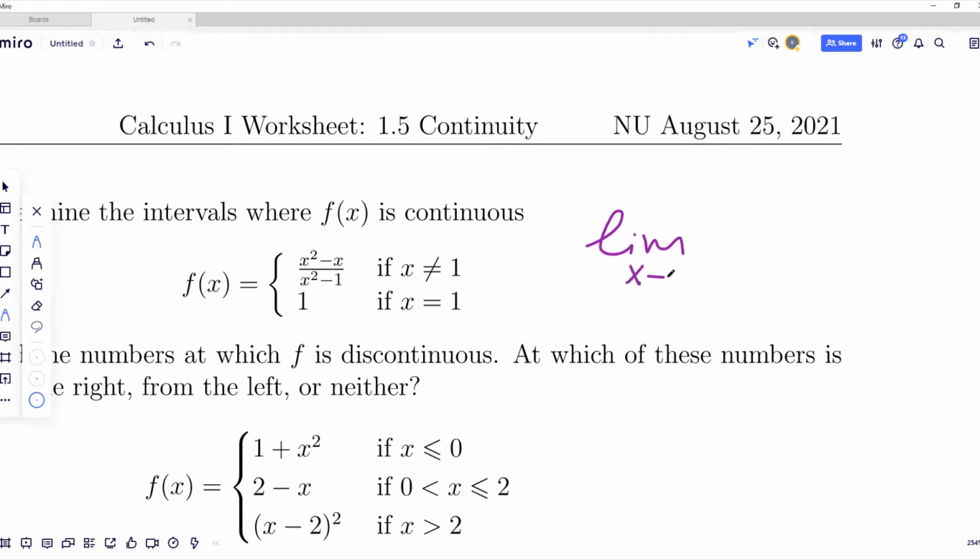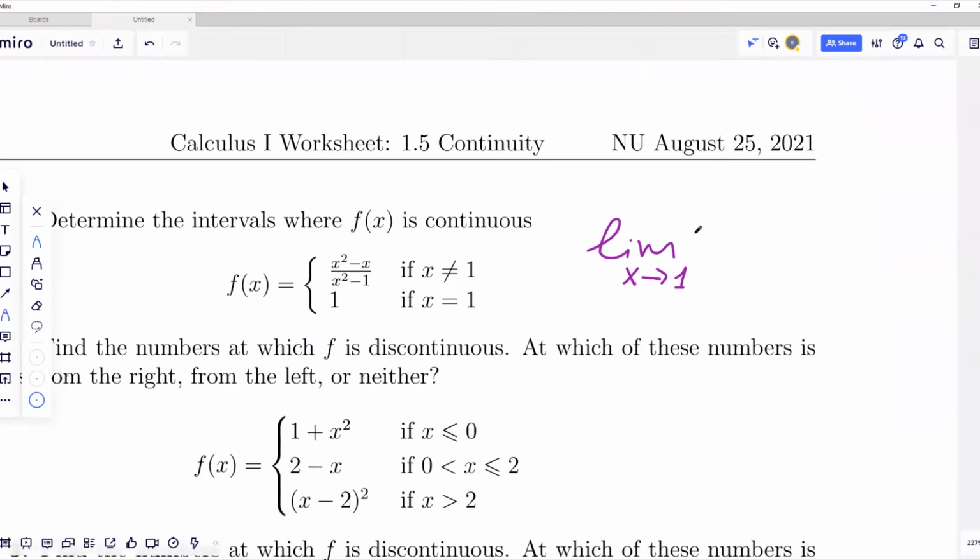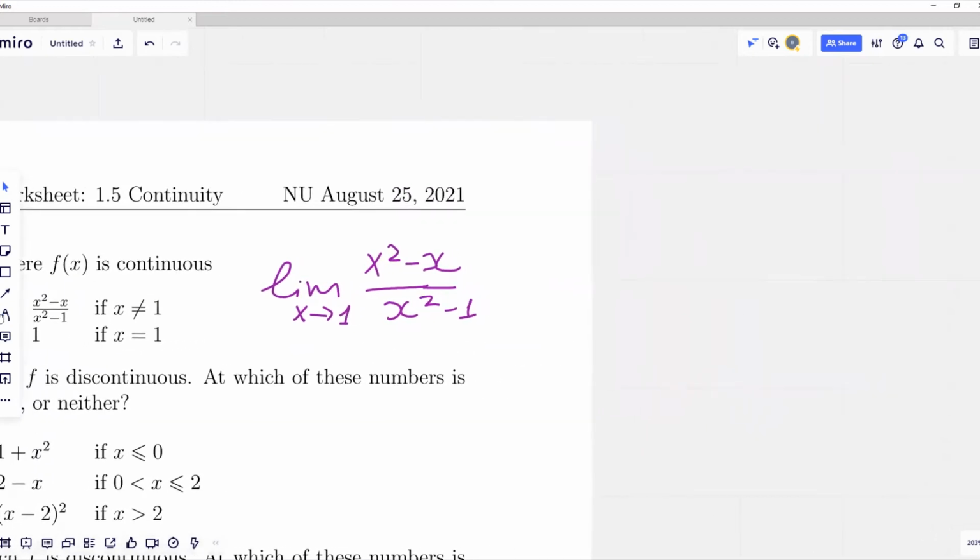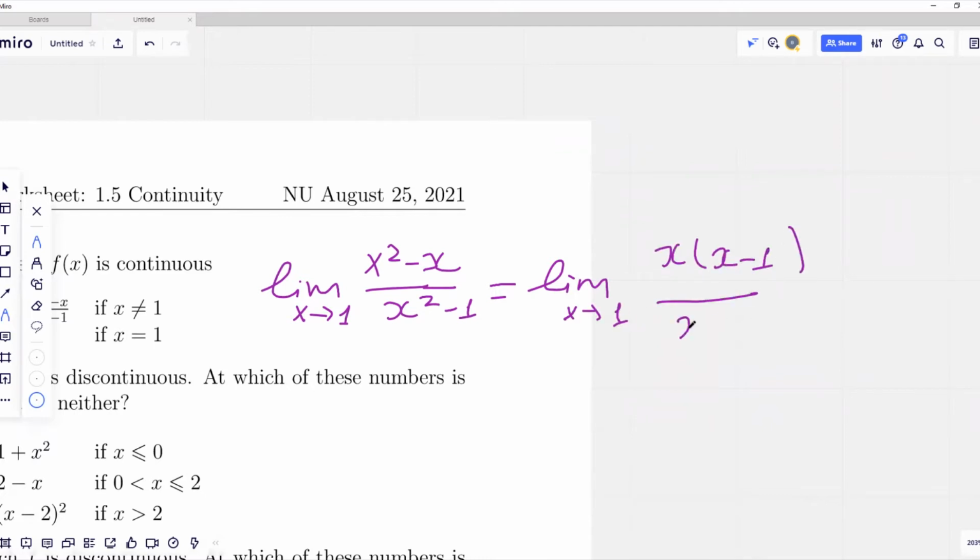Limit as x is approaching 1 of (x squared minus x) over (x squared minus 1) is equal to limit as x is approaching 1 of (x minus 1) over (x minus 1) multiplied by (x plus 1).